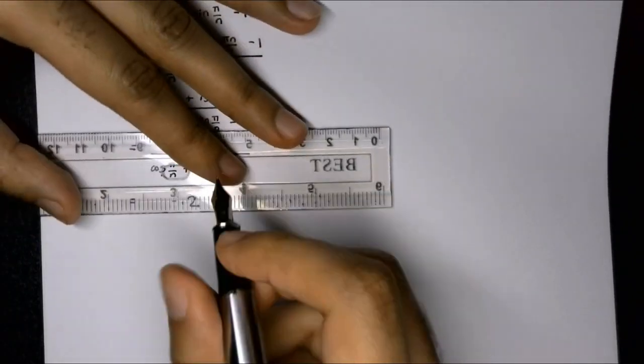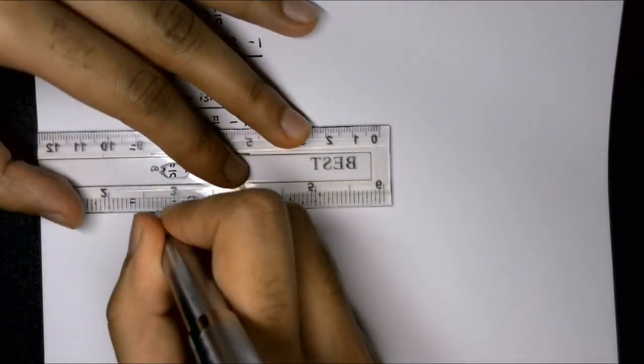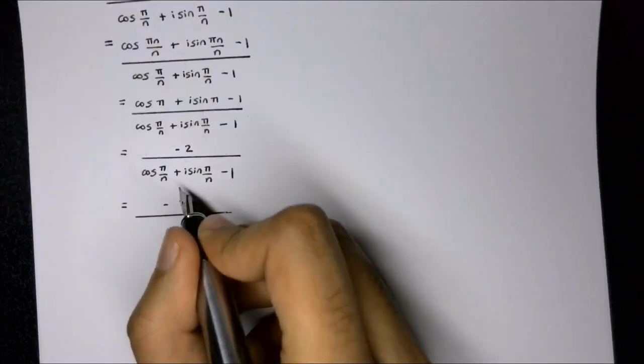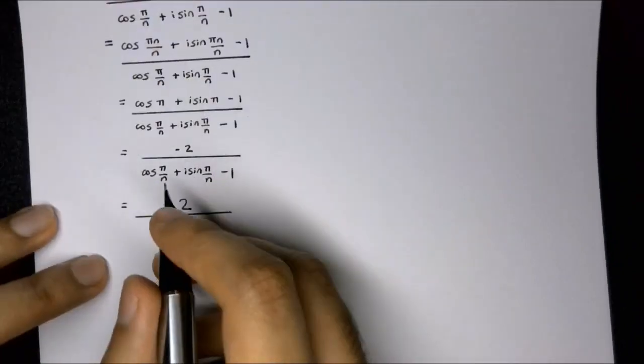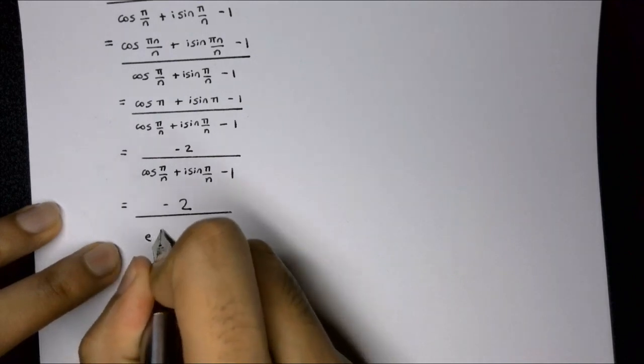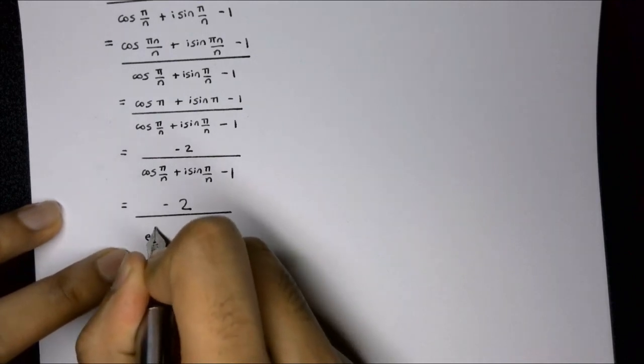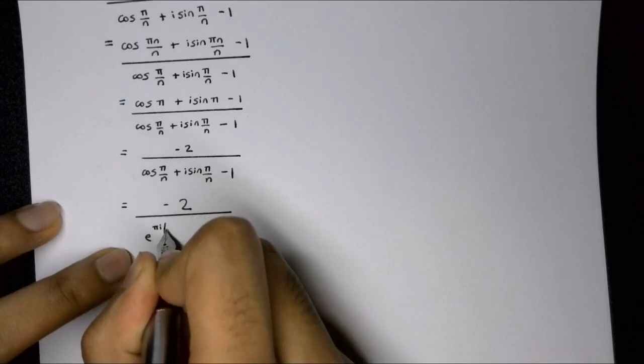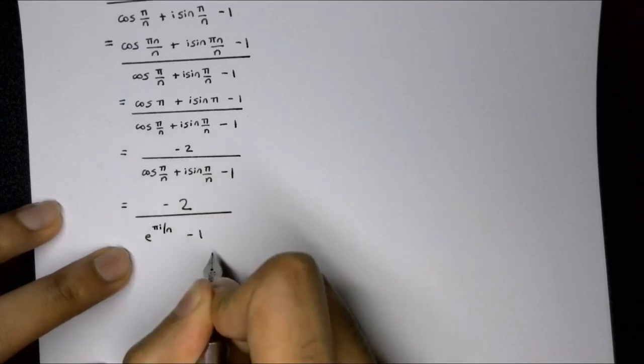But on the bottom, if we write the bottom in exponential form, you can see here we have e to the power of pi i over n minus 1.